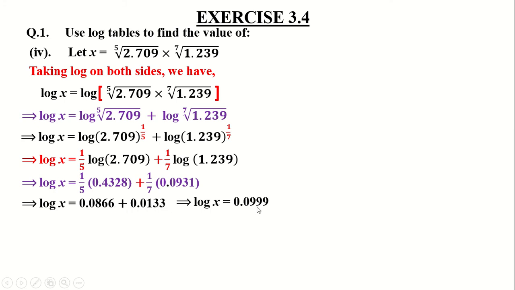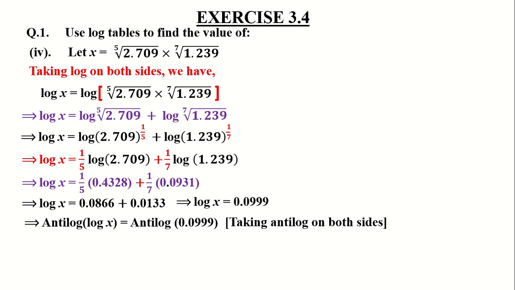By adding the two, we get log of x equal to 0.0999. Then we take the antilog of both sides to have antilog of log x equal to antilog of 0.0999.